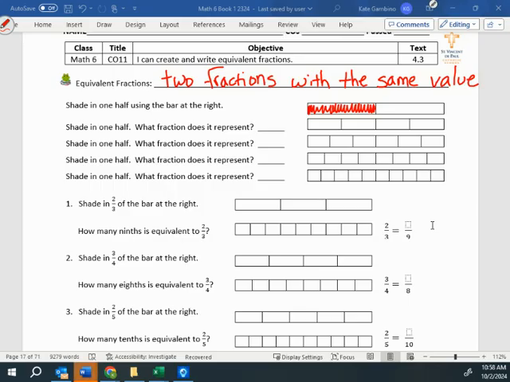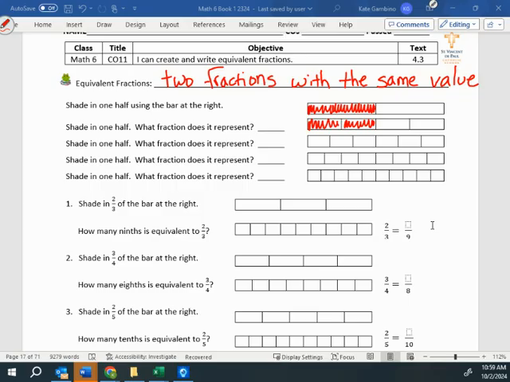Now shade in 1/2 of this bar. It's going to go to the same place, right? That middle of our bar. But on the top one, I just have one section shaded in. On the bottom, the one under it, I had two sections shaded in.